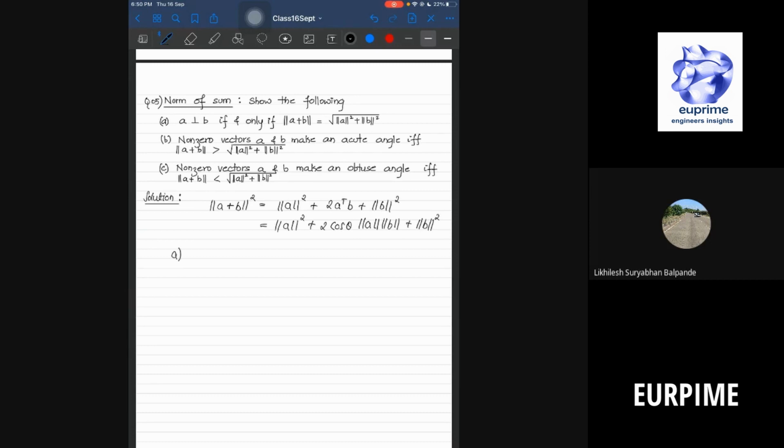So here it is given that a is perpendicular to b, that is theta is equal to pi by 2. Then cos theta will become 0. Then norm of a plus b is equal to square root of norm of a square plus norm of b square.